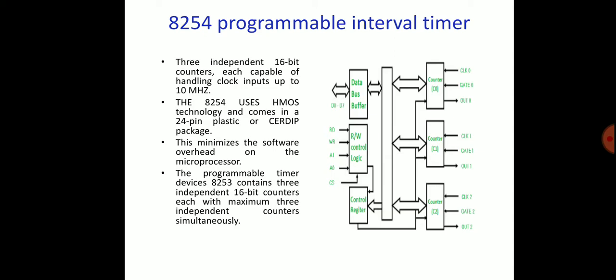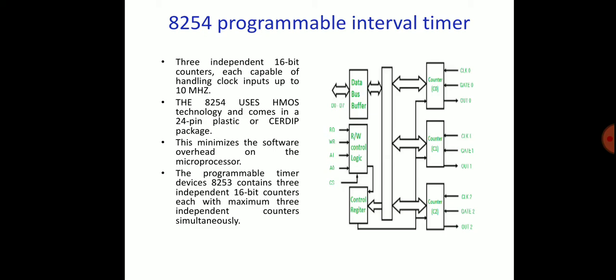The Intel programmable counter or timer device 8253 facilitates the generation of accurate time and delays. When 8253 is used as a timing and delay generation peripheral, the microprocessor becomes free from the task related to the counting process. This minimizes the software overhead on the microprocessor.